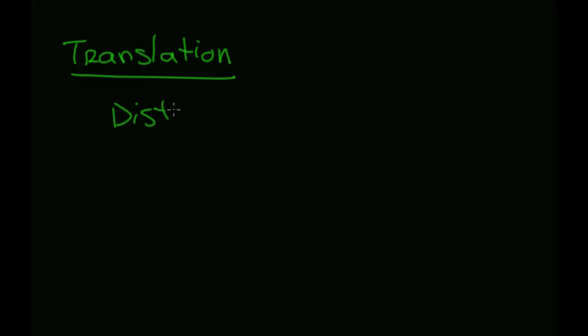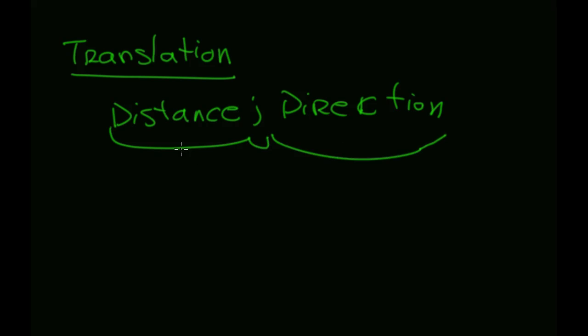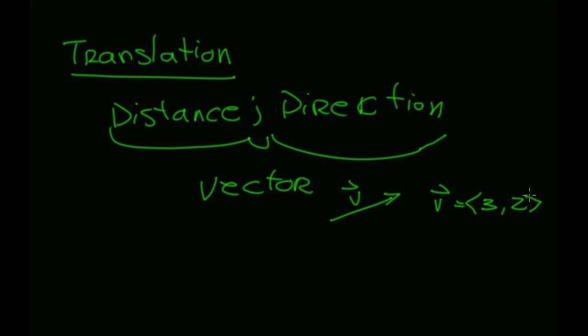Okay, so let's summarize. In order to do a translation, we have to move all the points a particular distance in a particular direction. Now, the mathematical tool that can do that very well is what's called a vector. Vectors can be drawn as directional arrows or can be written as a set of coordinates, right?